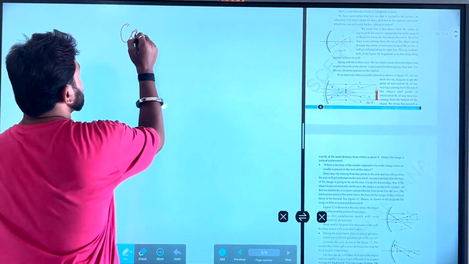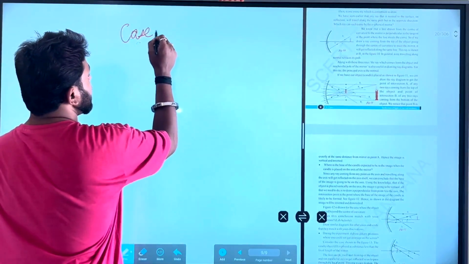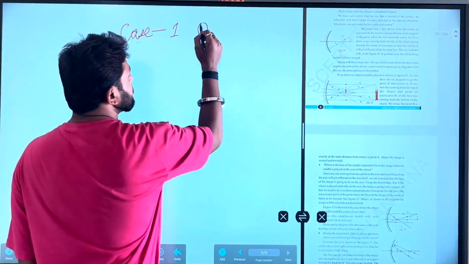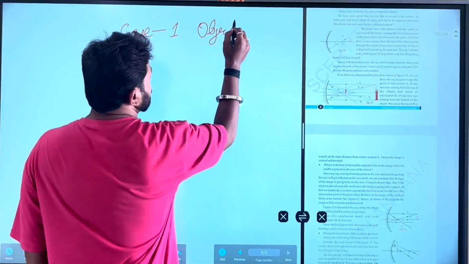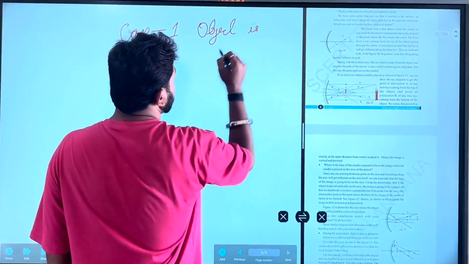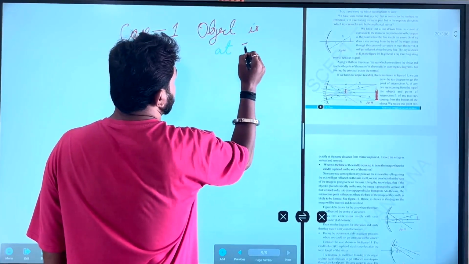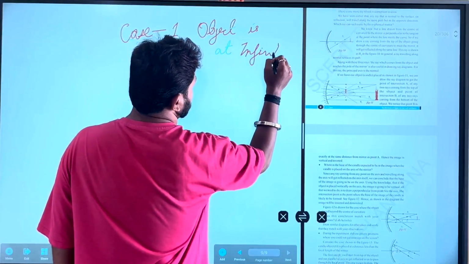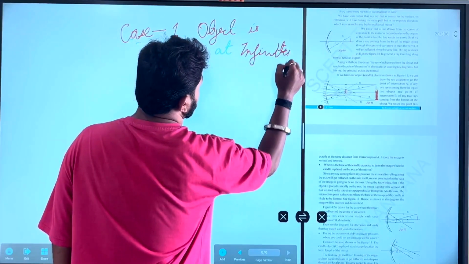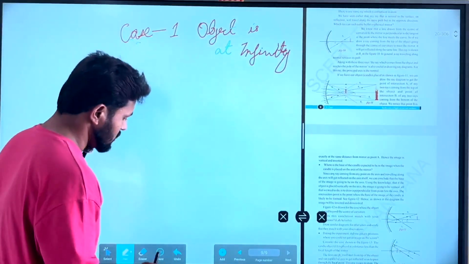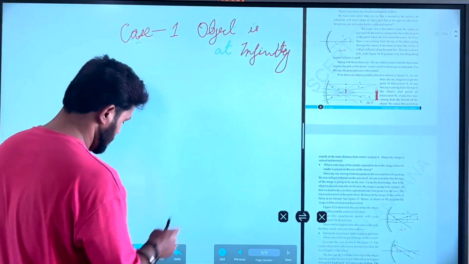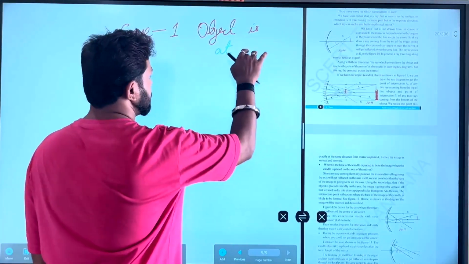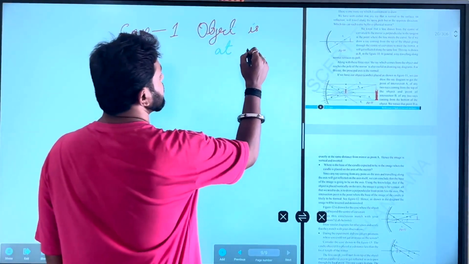Case 1, wherein the object is at infinity.